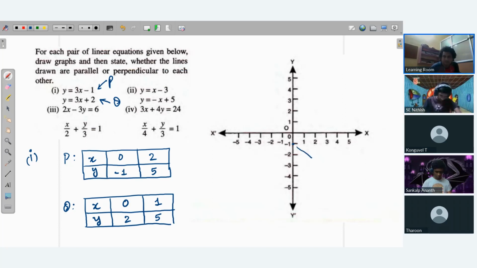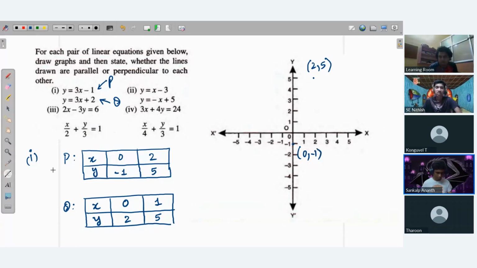So this is 0 comma minus 1, and 2 comma 5 is here. Wait, if y is 0, wait, one second. So that is 0 comma 0 and 2 comma minus 1.